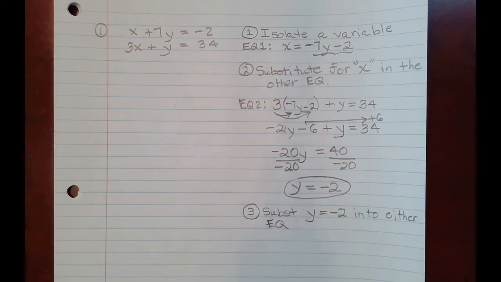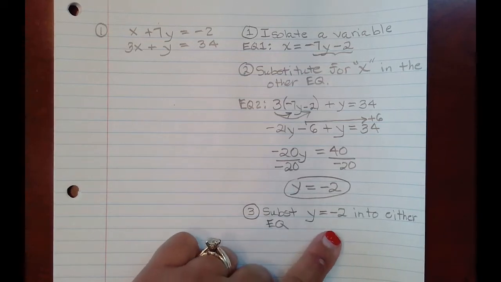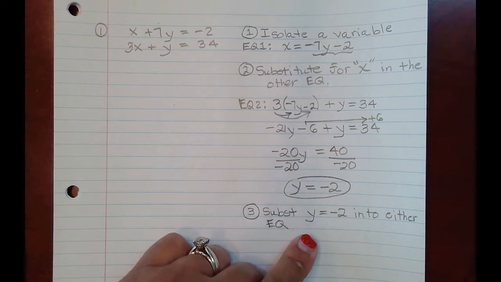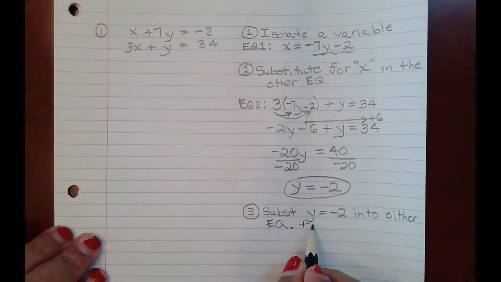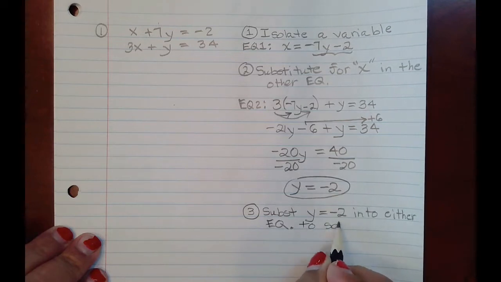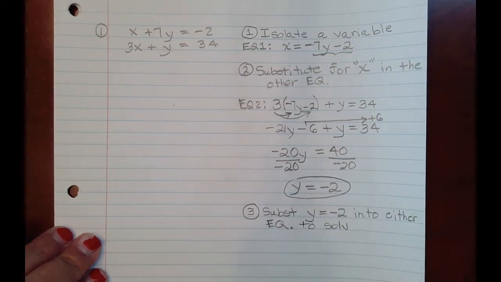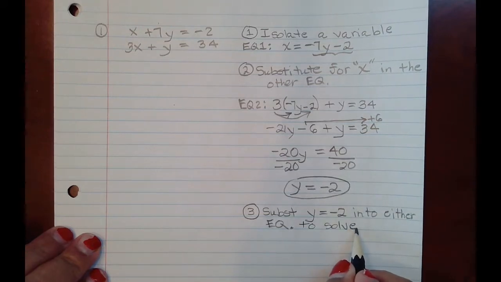Okay, so I think if I'm going to be substituting this value in for y, that means I'm going to be solving for x. So it'd be nice if you chose an equation that has an x in it with 1 as the coefficient, because it'd just be easier to solve for x.